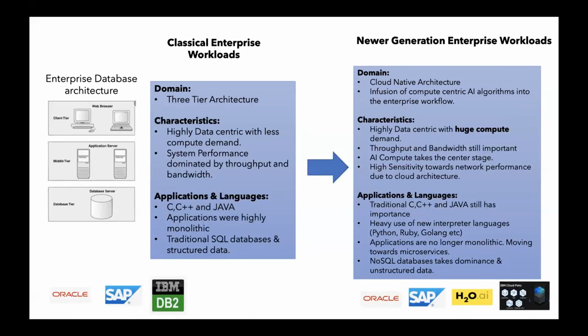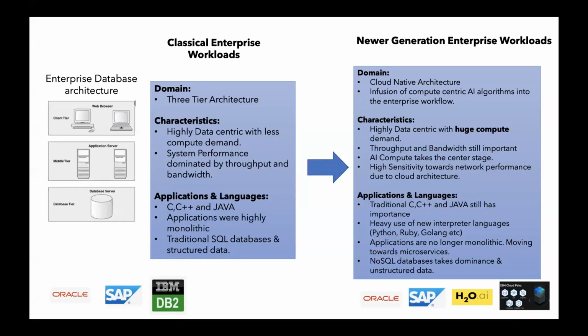So now, certainly languages have evolved, and you can see a lot of people use Python, Ruby, and Golang, and a mix of all these things in the microservice world. And still C++ and Java have a lot of importance, but there are new things which are popping up. And the databases have gone through some change, moving from SQL to NoSQL, and structured data has become more of unstructured data. And all these monolithic applications have become more microservice based applications.